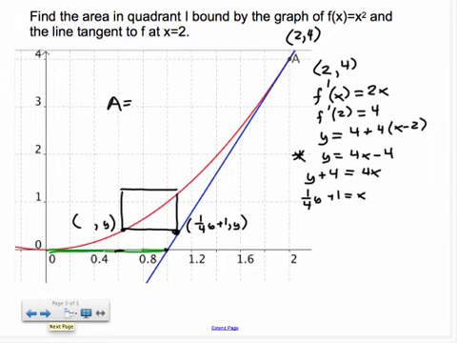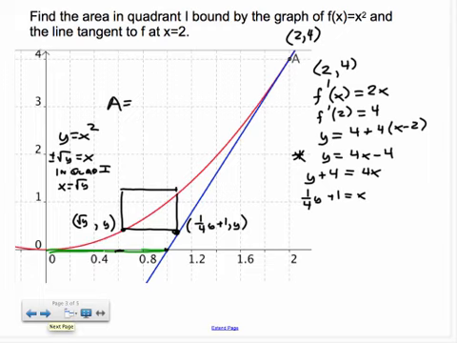Well, that's the curve y = x². And so if we take the square root of both sides, we get x = ± √y, but I'm in quadrant 1, so I know that x is positive, so x = √y. And so that's my x-coordinate over there.